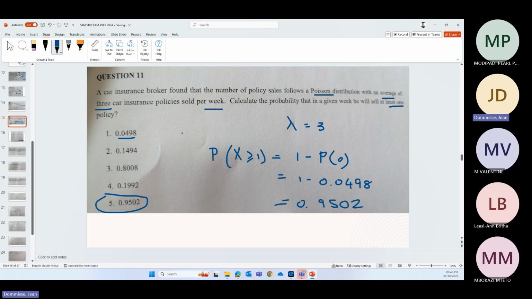Okay, so this one definitely worked out. With the Poisson distribution, we're looking at the average, so lambda is equal to 3, and then we want to know at least 1, so a minimum of one, so one and more. That is how we get to that answer.